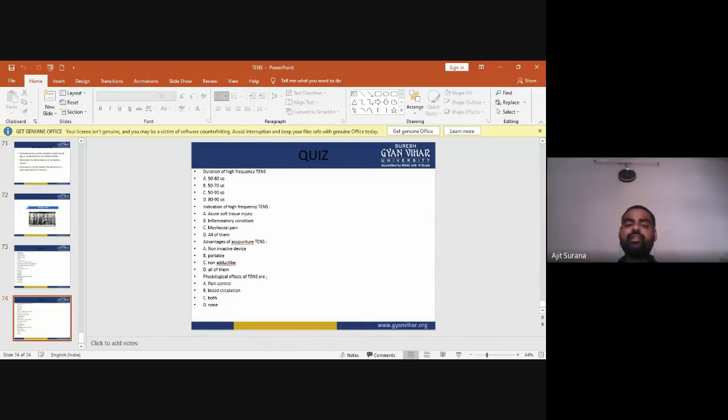Next question: the indication, or therapeutic uses, of the high frequency TENS. Options are acute soft tissue injuries, inflammatory conditions, myofascial pain, or all of them.